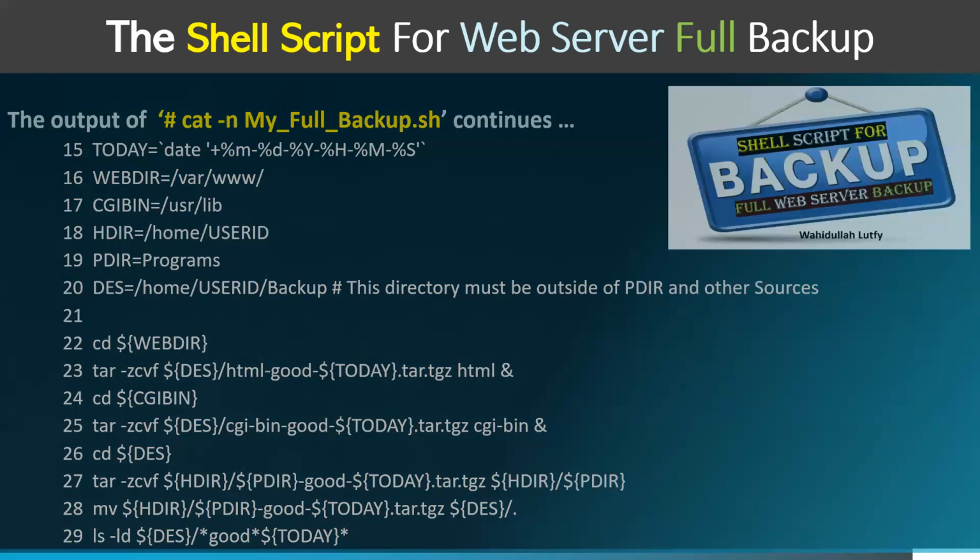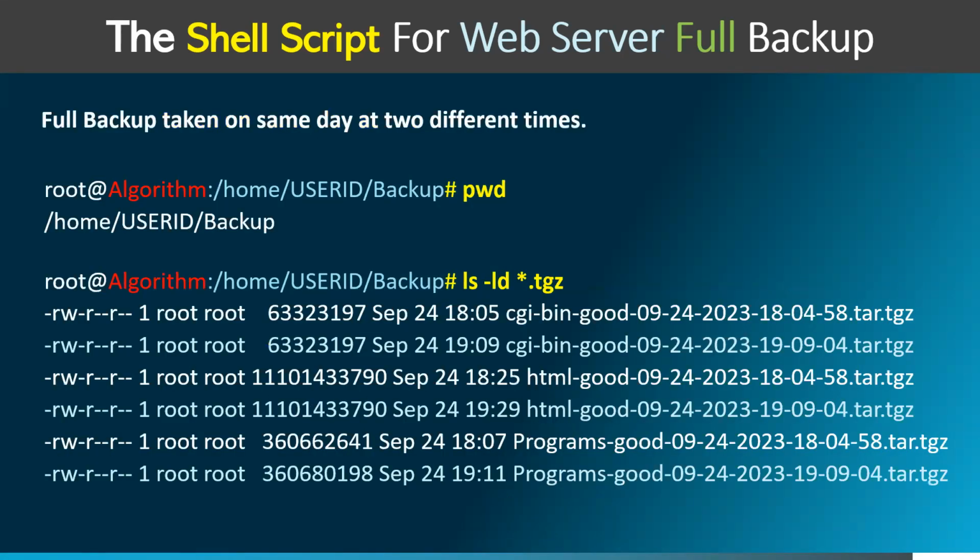And then line 29 is just to get a list of all the files that are backed up afterward. So here's the output. The full backup was made, and I ran it twice today. As you can see, on September 24 at 6:05, it started. So for one situation, the tar gunzip file was at 6:05, and another one was at 7:09.